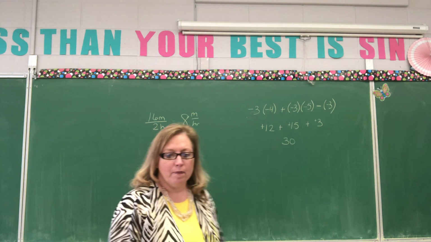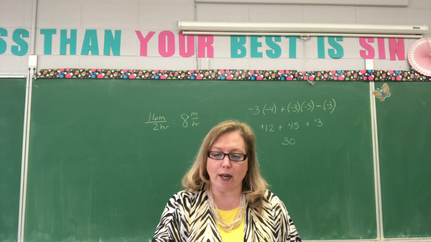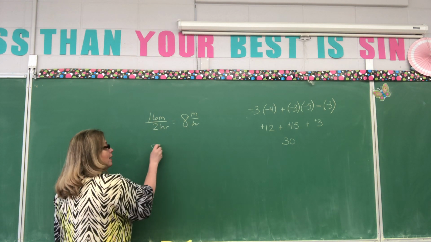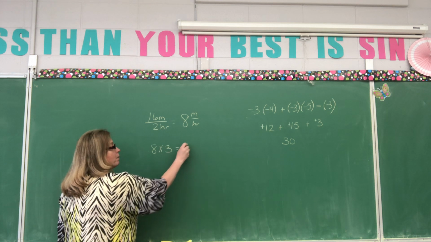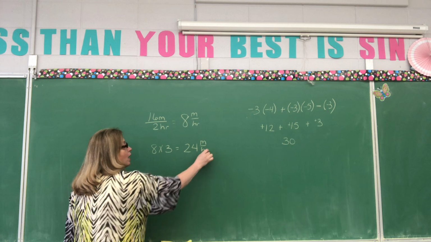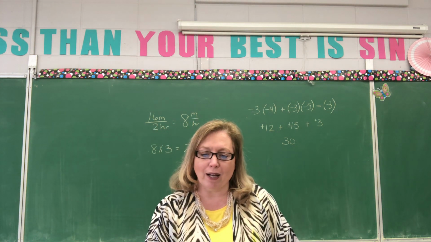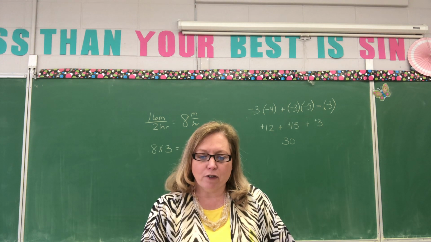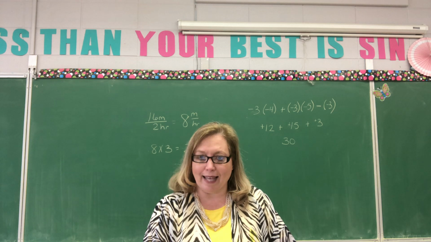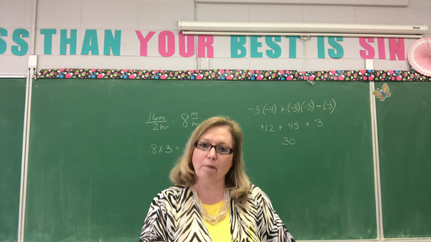Then it says that the horse and the rider tripled their speed. Okay, so if we triple this speed, we're going to say 8 times 3 is 24. So they'd be going 24 miles per hour. By the way, that's impossible on a horse for any long distance. All right, 24 miles an hour. The question is, if they galloped at that speed for 72 miles, how long were they galloping?